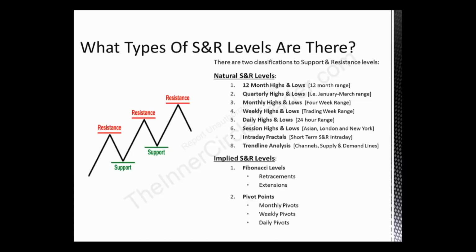You have monthly highs and lows as well, which is basically the 4-week range, the highest high and lowest low in those 4 weeks. If you just look at your trading platform, mark out the previous month's high and low, boom, you got it. You have weekly highs and lows, the previous week's high and low, and I like to look at at least 2 or 3 weeks' worth.